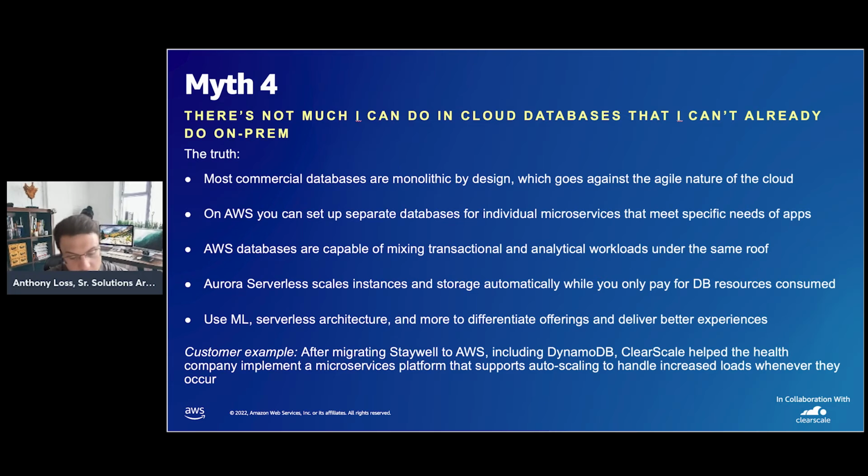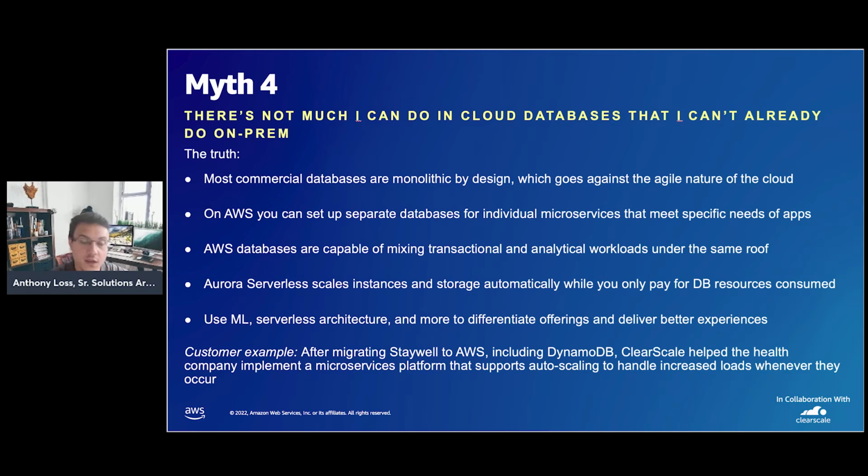So if you remember back in Myth 1, I talked about different databases for different application functions. And that is what we're talking about for on-premise. Unless you have hundreds and perhaps millions of dollars to spend to be able to offer different database services, meaning you have to procure different databases if you're on-prem or in a private cloud, unless you have that type of budget, it's going to be very, very hard to do that on-prem.